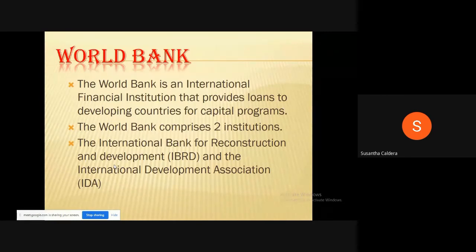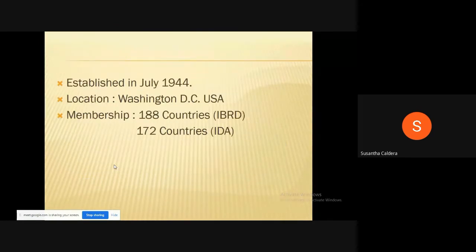So they have two institutions, IBRD and IDA, right? This was established in July 1944, and as of today, the membership is 188 countries under IBRD and 172 countries under IDA, right?